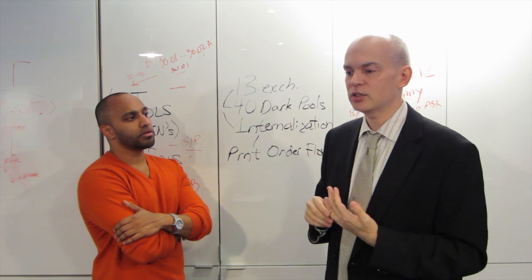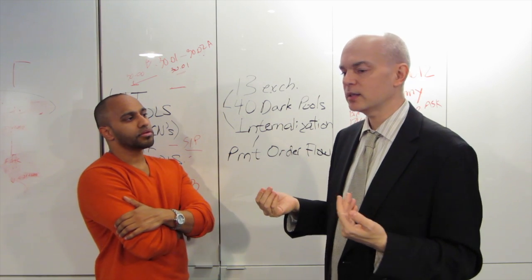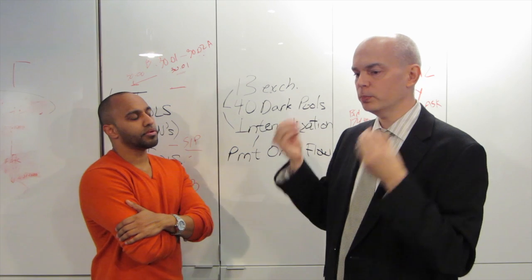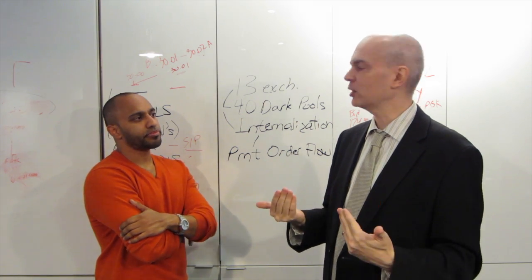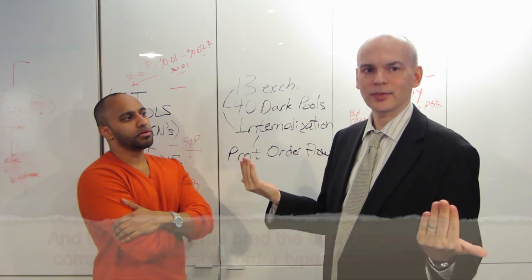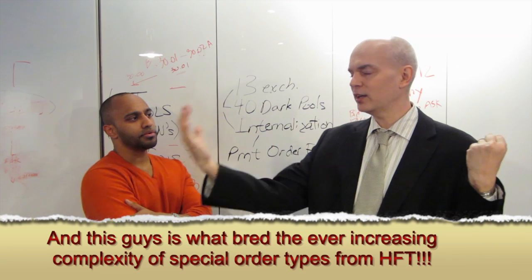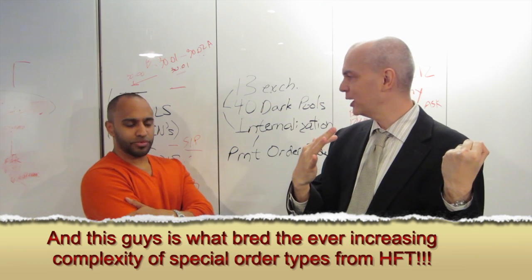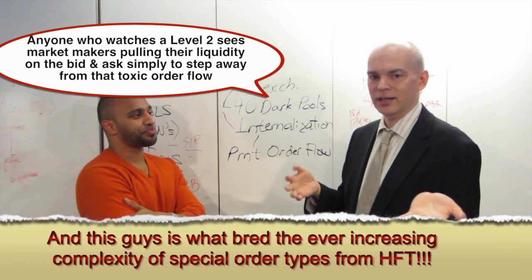The problem is these strategies didn't make so much money. What they needed was super high frequency, and they needed to get ahead of all those non-marketable limit orders. They needed to cancel and pull the orders when that toxic order came in from the market, which we see all the time, guys. You still can't trade against the toxic flow.